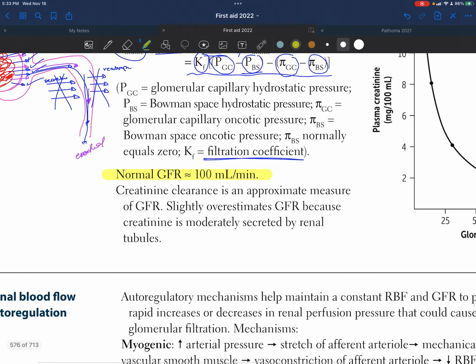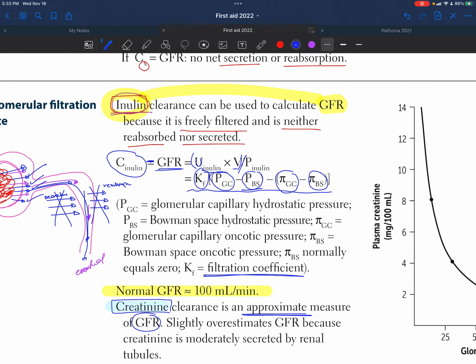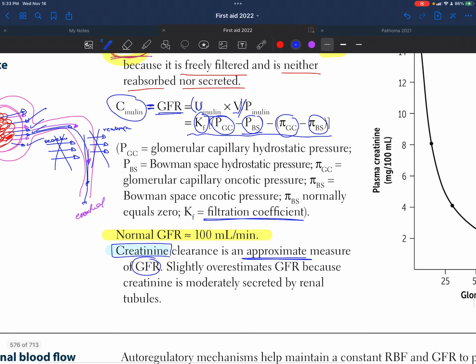In clinical scenarios, in clinics or in hospitals, we don't measure inulin, we measure creatinine. But it's not the exact amount of GFR, just an approximate measure. Inulin and GFR are exactly the same, but creatinine slightly overestimates the GFR.